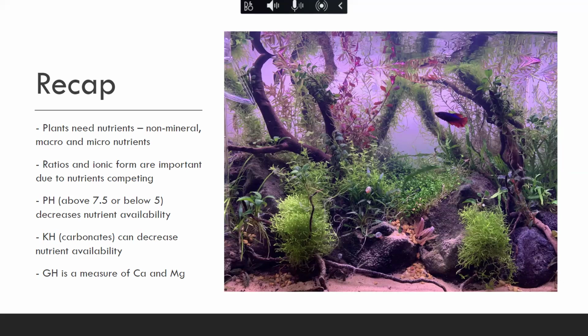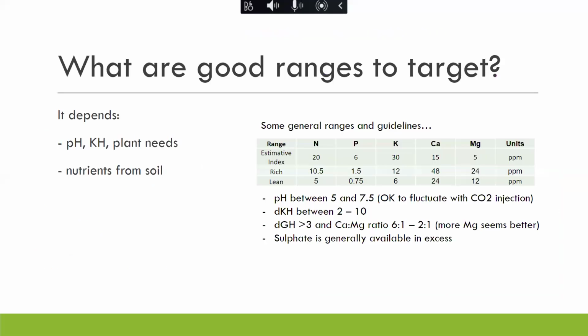The ratios and the ionic form of the nutrients are important, due to nutrients competing. pH above 7.5 or below 5 is going to decrease your nutrient availability, so that's your sweet spot between 5 and 7.5. Carbonates can decrease nutrient availability. And GH is a measure of calcium and magnesium, both of which are essential to have in a relatively reasonable quantity within your aquarium.